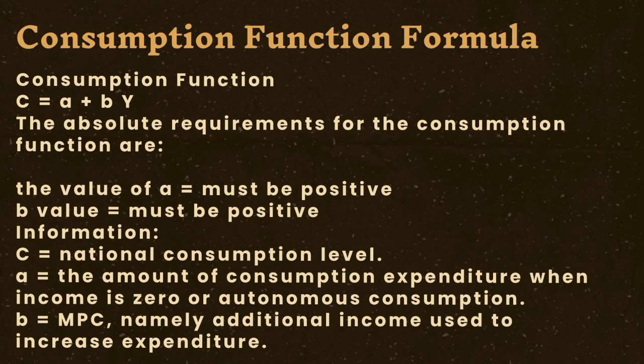Information: C is national consumption level. A is the amount of consumption expenditure when income is zero, or autonomous consumption. And B is MPC, namely additional income used to increase expenditure.